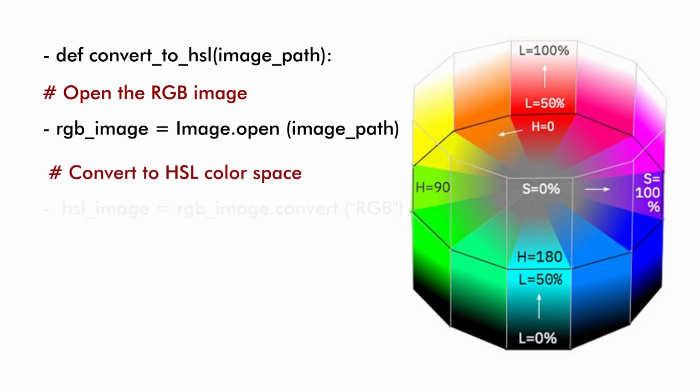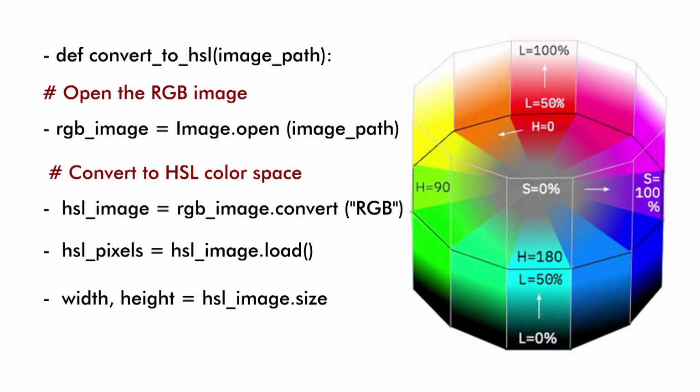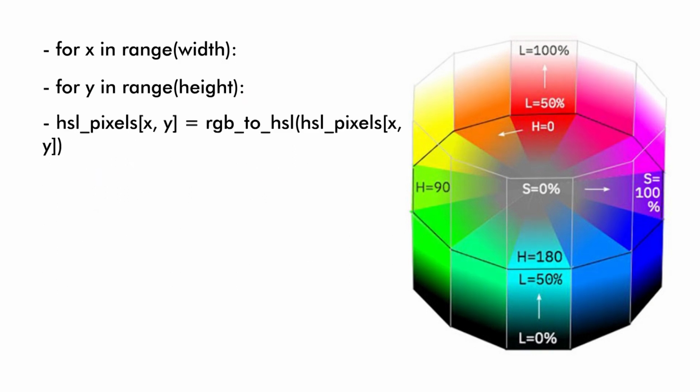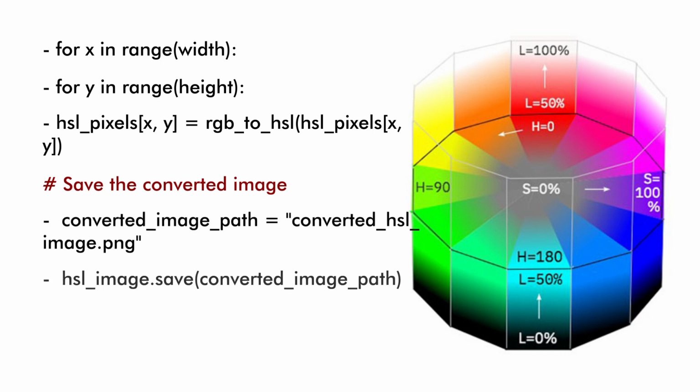In this code, replace example_RGB_image.jpg with the path to your existing RGB image. The code will open the RGB image, convert it to HSL using the convert method with the RGB mode, and then save the converted image as converted_HSL_image.png.